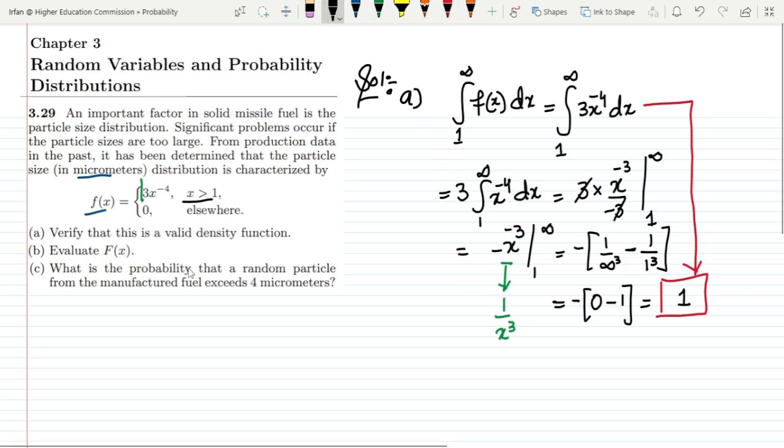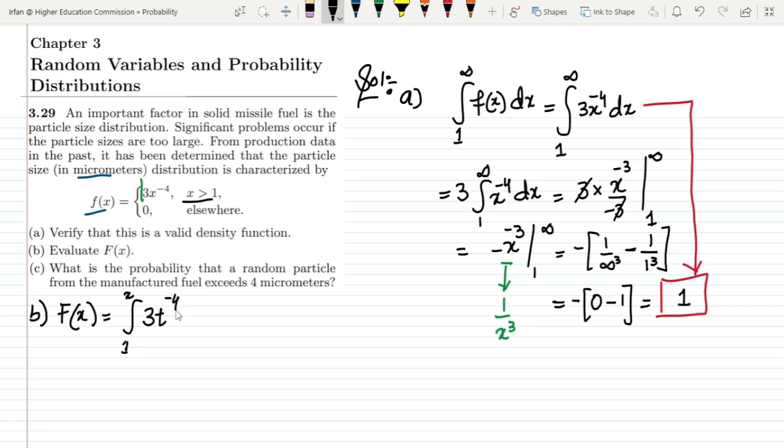Okay, so now similarly going to part B of it. In part B, we have to evaluate F(x), the CDF. So I have to integrate f from the lower limit to any other point. Let me take it as x, and for it I have to change the variable of my function from x to t, so I will have t^-4 dt.